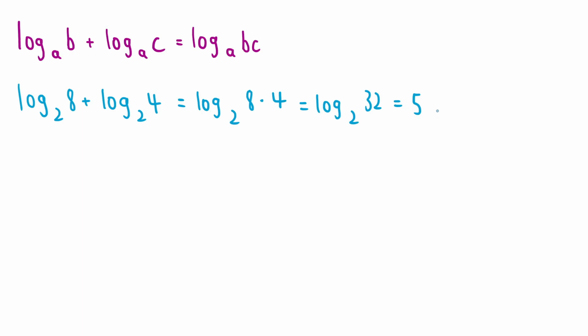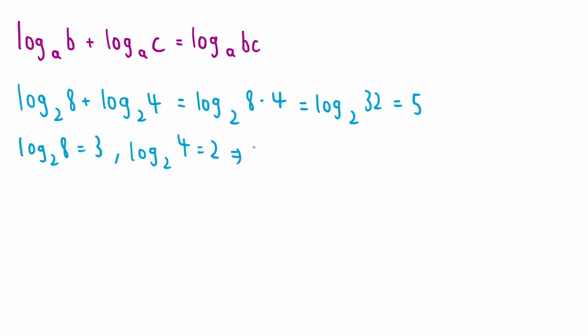We could have also computed the two logarithms separately and then added them up. So log base 2 of 8 is equal to 3, since 2 to the power of 3 is equal to 8. And log base 2 of 4 is equal to 2, since 2 to the power of 2 is equal to 4.